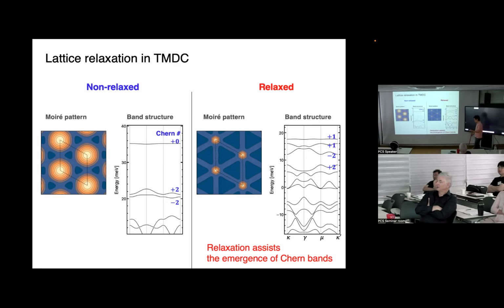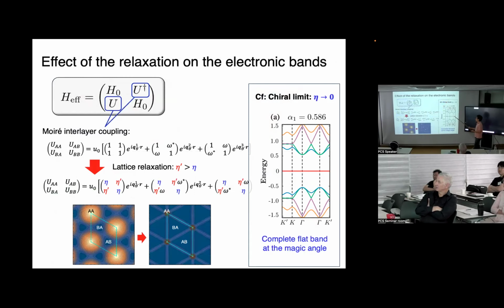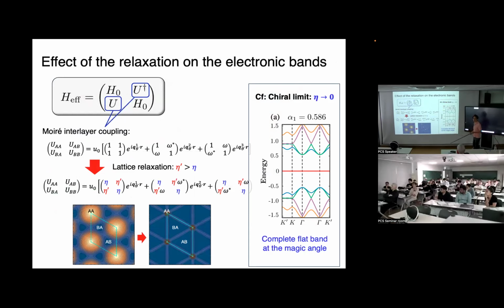Yeah. Right, and my question is, will that still carry a Chern number? The answer is no, actually. So you have two bands. One has +1 Chern number, and the other has -1 Chern number. So it's zero.